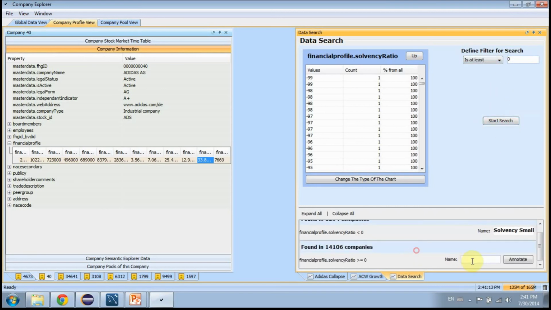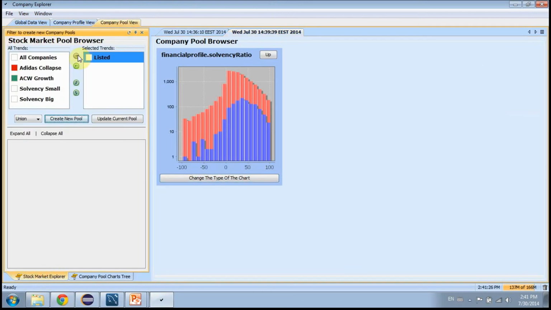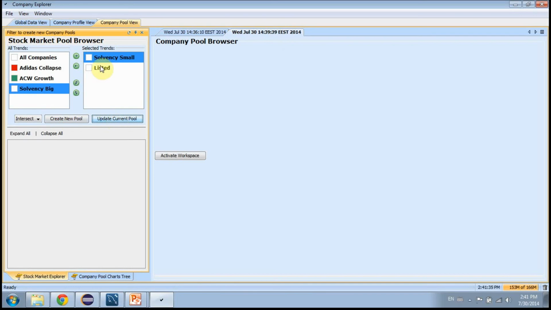This will be the solvency big. And then I'll go back to my exploration. I will combine the small companies which are also listed by an intersection, and I will combine the solvency big companies which are listed, and I'll start comparing those.